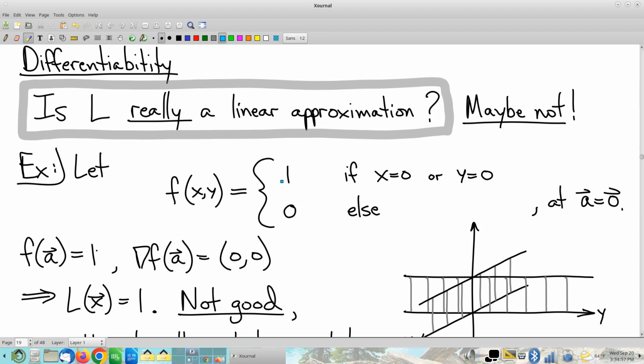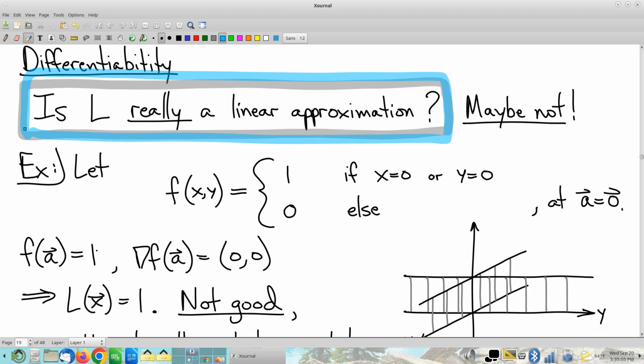Okay. All right. So let's worry now about a question that we doffed the cap to when we first started writing down linear approximations, which is: is this really what we think it is? You remember I asked the question, how do we know the linear approximation even exists?